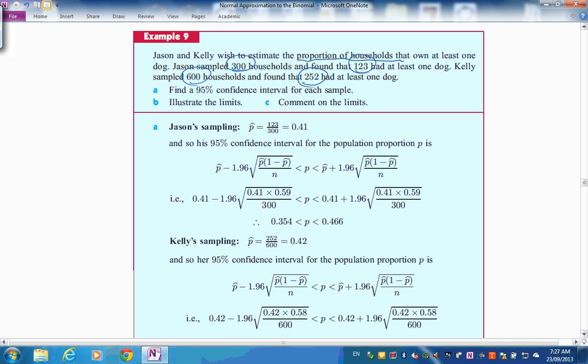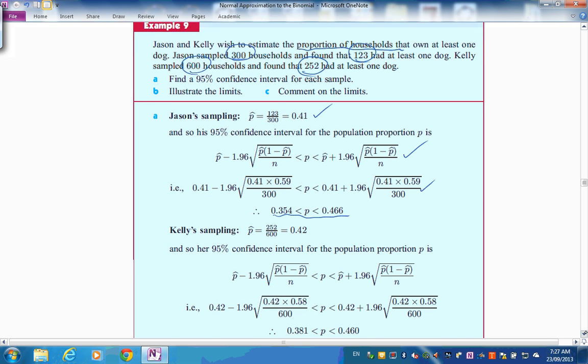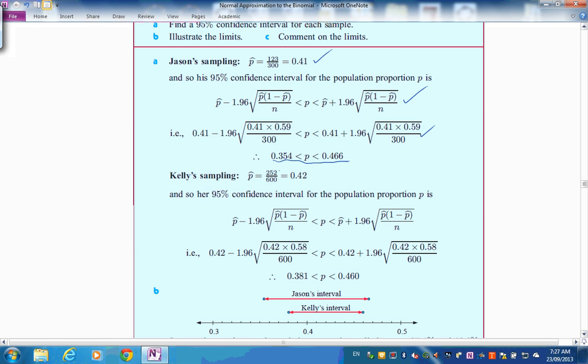Okay, so Jason was 0.41, confidence interval between 35.4 and 46.6%. Kelly sampling 252 out of 600, 0.42. Interval there, she's done twice as many here, 600.